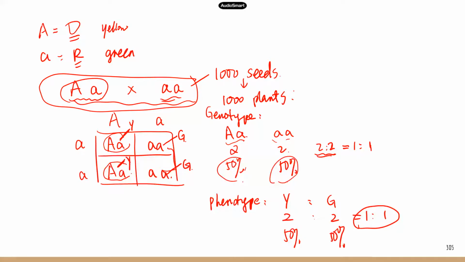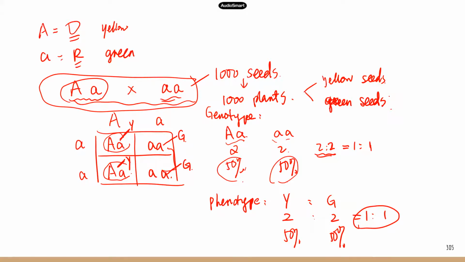Now my question is, how many of these plants are going to have yellow seeds? And how many of them are going to have green seeds? What would be your answer?